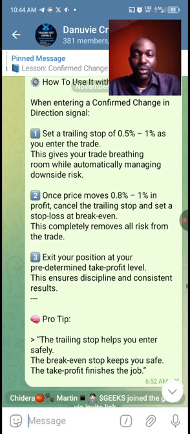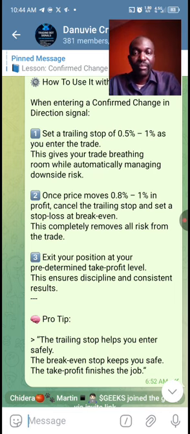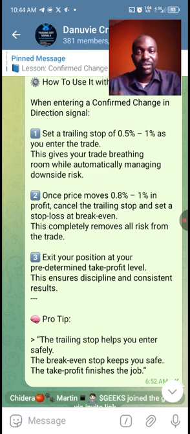Once price moves 0.8 to 1% in profit, cancel the trailing stop and set stop loss at break even. This is just a protocol that we recommend for users. I think it will be very good when managing your risk. So when price moves in your direction to a certain percentage, it is better to cancel your trailing stop and then set your stop loss at break even.